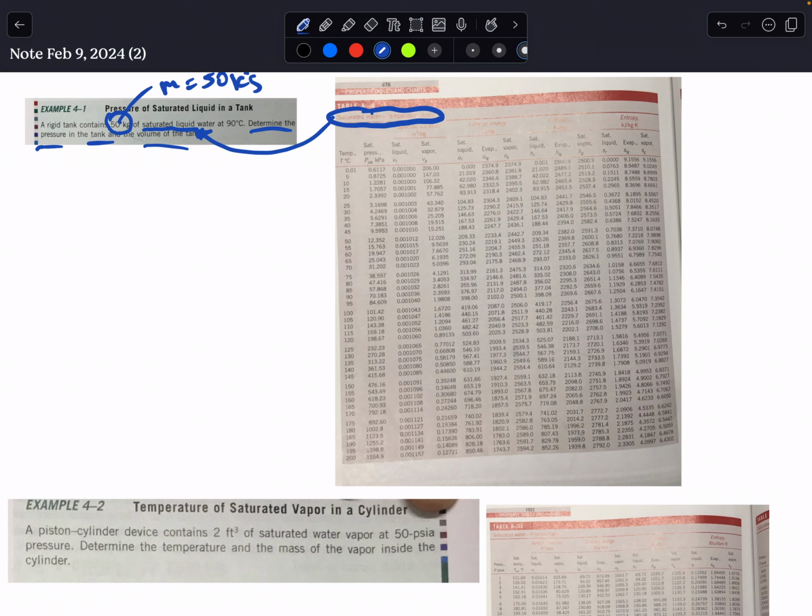Firstly, I have the temperature given. So I can tell you that the pressure can be gotten at the saturated liquid water temperature. So I say saturated temperature of 90 degrees Celsius, and I know this is the temperature which I have on my property table.